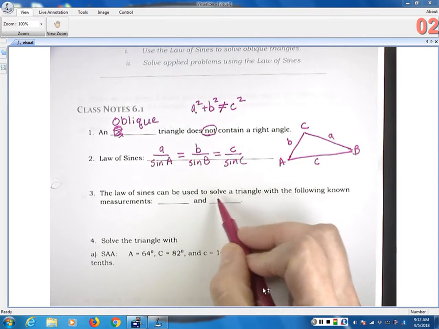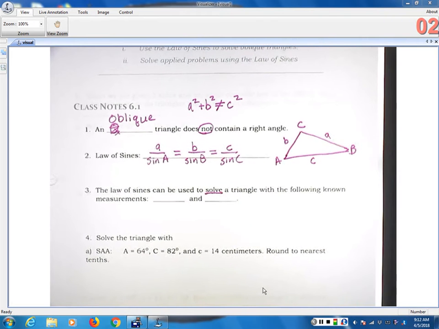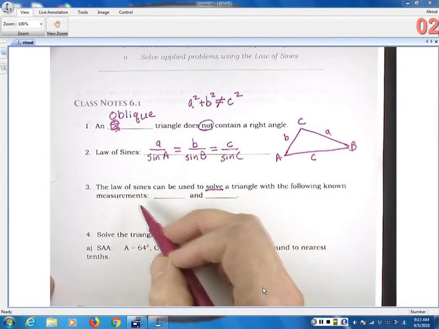What do we mean by solving a triangle? It means we're finding all the angles and all the sides. We did that before, we solved a triangle in another section, but it was a right triangle. So we can use the law of sines to solve a triangle with the following known measures.